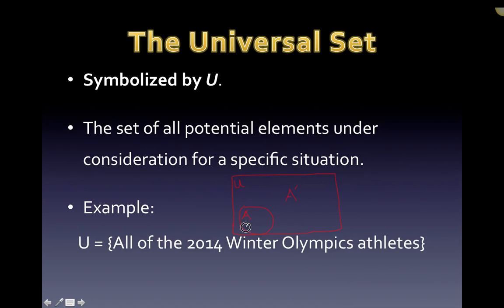So set A would be this little circle right here, and it would be our 4 members that we'd mentioned. Then A prime is all this other stuff that's not part of the circle.